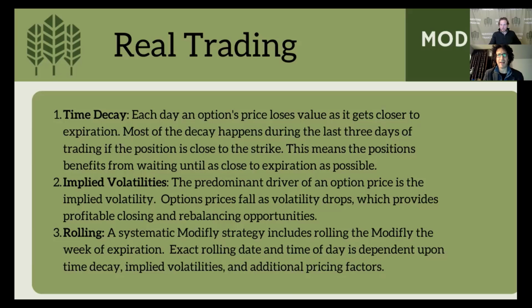So when we think about our modifies, our center strike is the short strike and it's 2 options. When we're selling options, it's nice to sell them at more expensive prices. If they're cheaper because implied volatilities are lower, we have to take a look at the price of the 2 options we're selling versus the wings, the upside and downside that we're buying to create the modify.